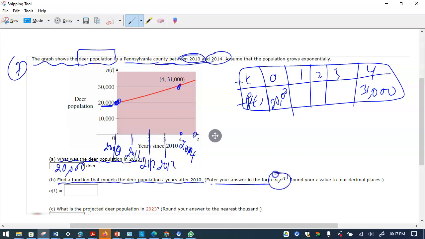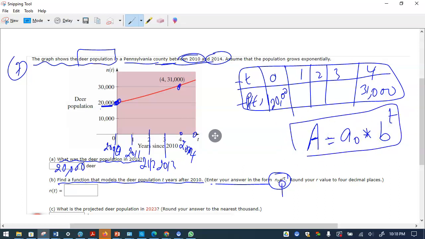And now they don't want it in the form we usually write, the population A times b raised to t. We could use that if they had not asked otherwise, since that is for every year. You could also divide 31,000 by 20,000 and take the 1/4 power, but they are not asking for this.